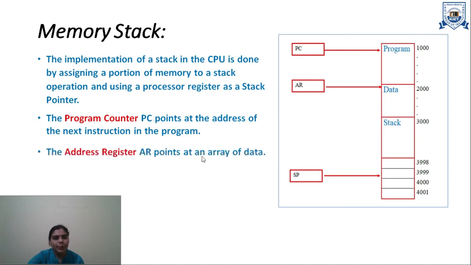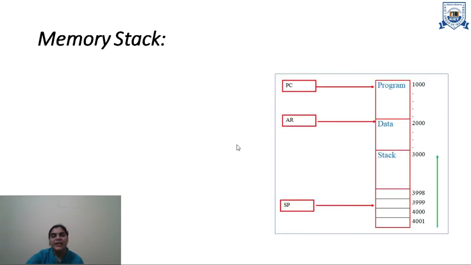The address register points to the array of data, and the stack pointer points to the top of the stack. In this example, we have taken a stack starting from address 4001 till address 3000. Now we will perform some push and pop operations on this stack.